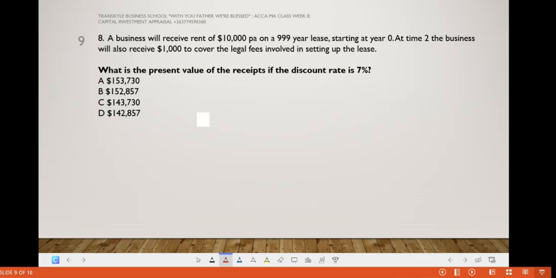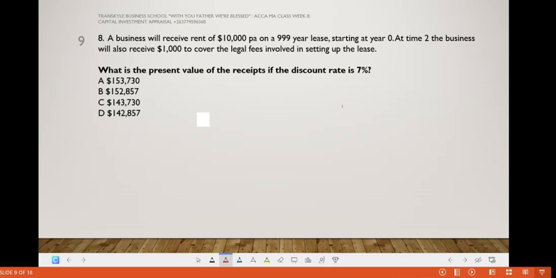In this case, we are not going to simply say the perpetuity's value is 10,000 over the discount rate. It doesn't work like that, because this is a perpetuity that has been received in advance.